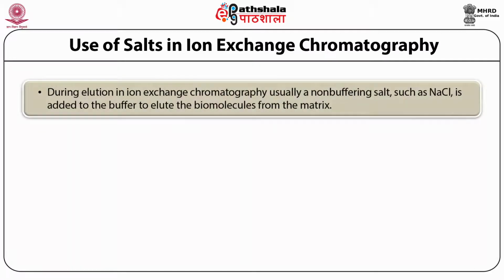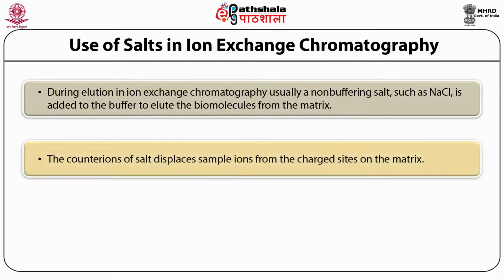During elution in ion exchange chromatography, usually a non-buffering salt is added as an additive. A commonly used salt is sodium chloride, commonly known as NaCl. These are added to the buffer to elute the biomolecules from the resin, that is the matrix.